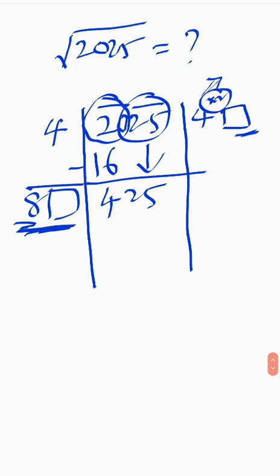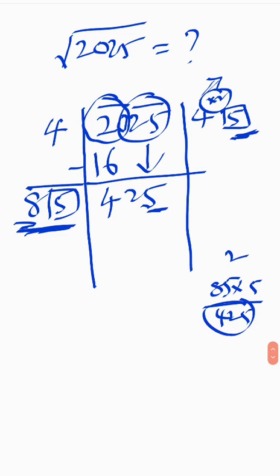Now the last digit is 5. When do we get 5 in the answer? If you take 5 here and 5 also here, then 85 into 5: 5 5s are 25, 5 8s are 40, so 425.